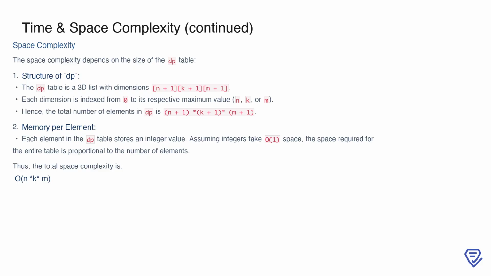Additionally, each element in the table stores an integer, which takes constant O(1) space. Therefore, the total space complexity is proportional to the number of elements in the table, leading to an overall space complexity of O(n*k*m). This space requirement is significant but necessary to store intermediate results and optimize the computation.